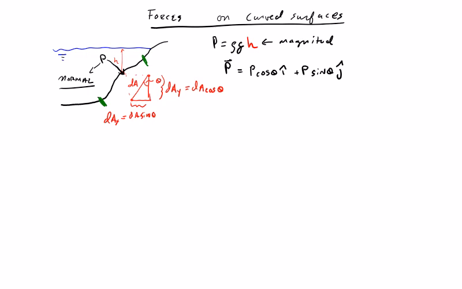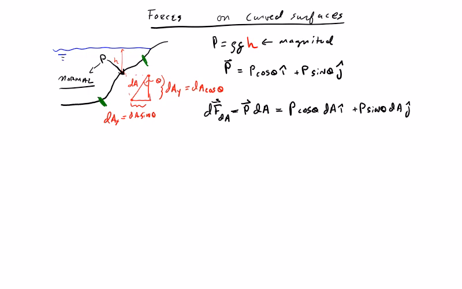So what is the little force on dA in vector form? That would be P dA, and that would end up equaling P cosine theta dA in the I direction plus P sine theta dA in the J or the Y direction.